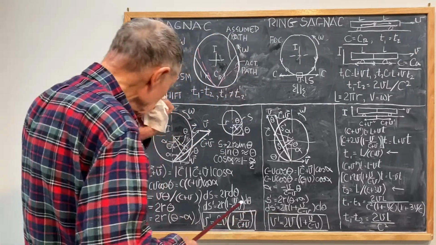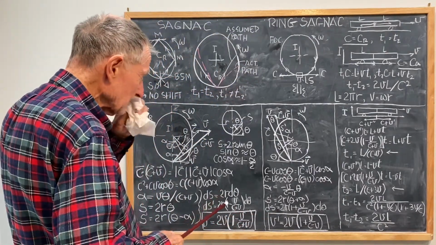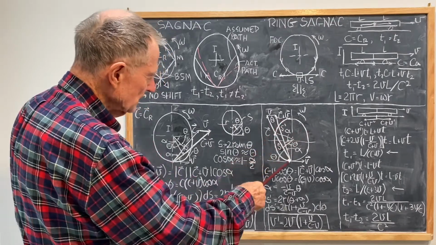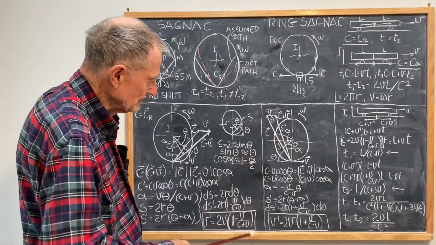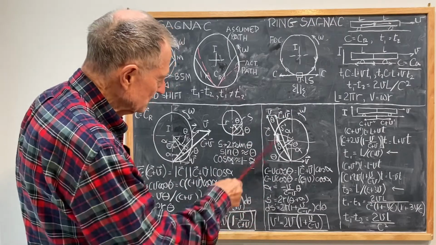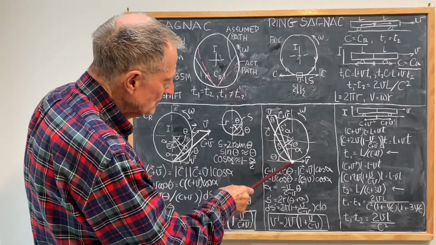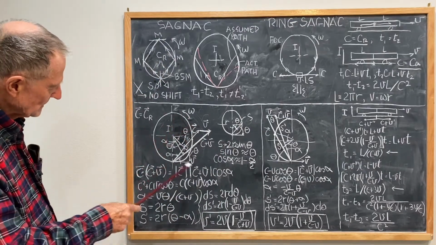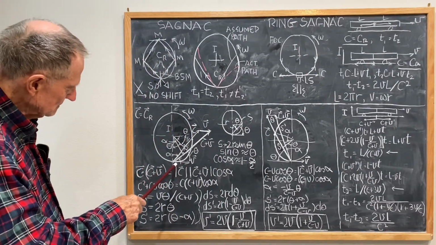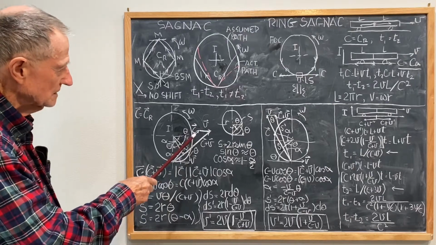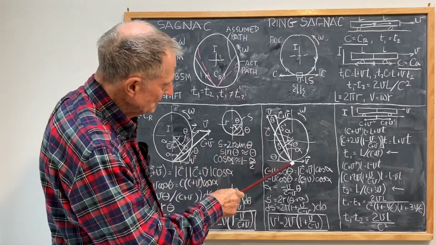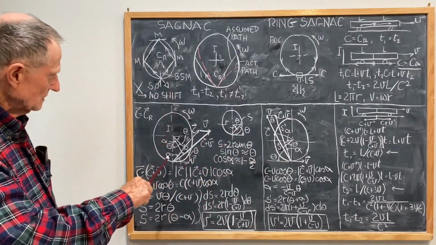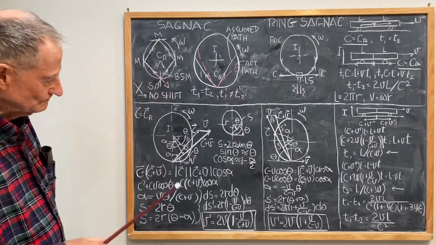Now, in the other direction, I have omega going this way, v going in the opposite direction. In this case, v was in the direction of c, and c is in the opposite direction to omega. So that's the situation for going the other way around.